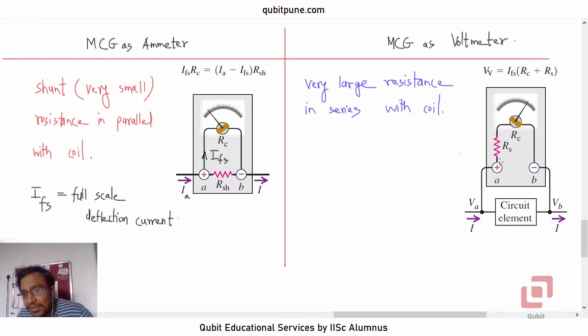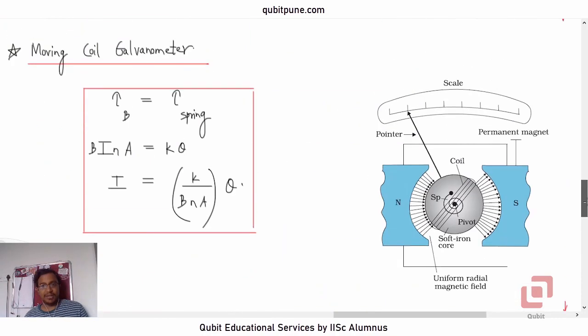So this is (R_S plus R_C) times I_FS. That will give you the range of the voltmeter. Is that clear? Alright, so that completes the revision of moving charges and magnetism.